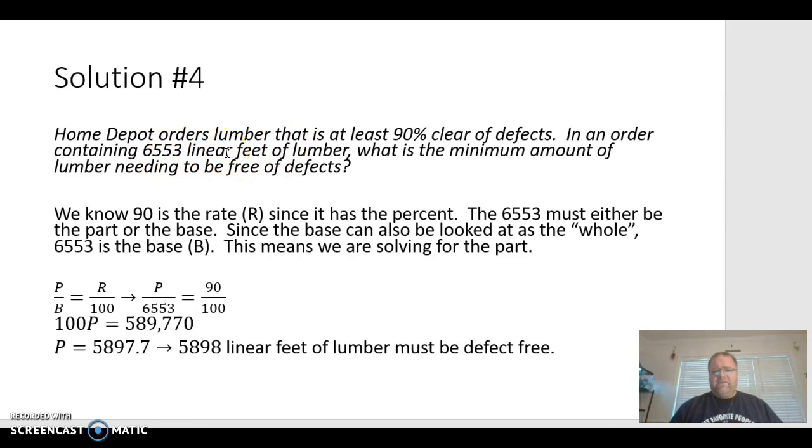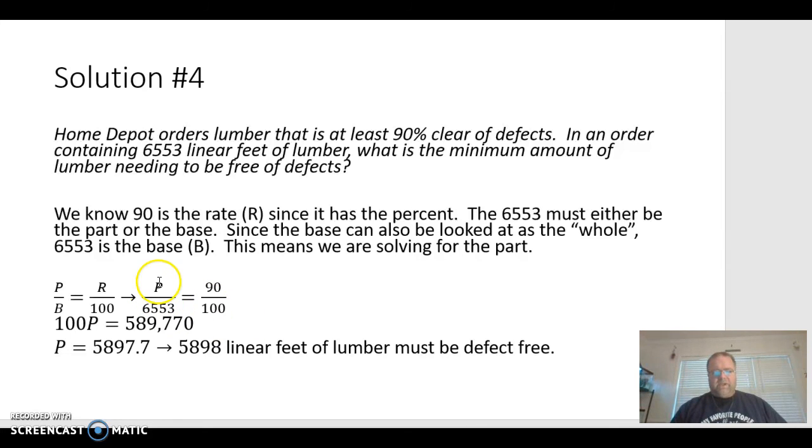So that should clue us in that this is the whole. If they were talking about a part of that order, then that would be our P. But they're talking about the entire order here, 6,553 linear feet. So we're going to replace our B, which is synonymous with our whole, with 6,553. That means that we are solving for our P, and we use the process of elimination there.